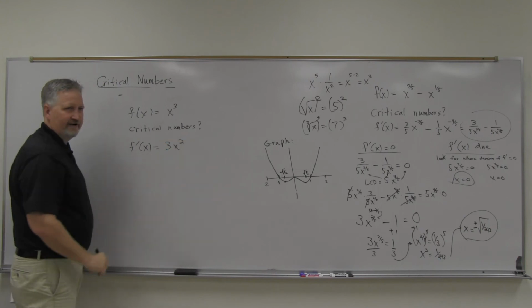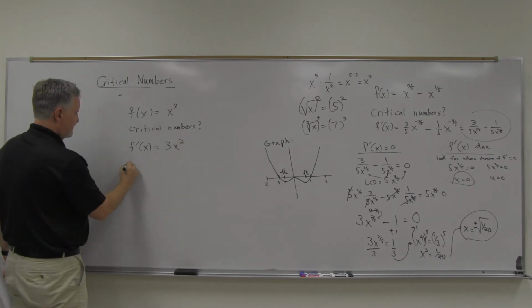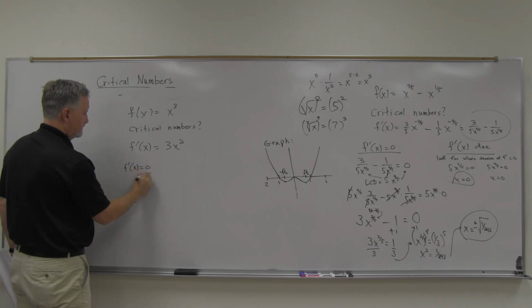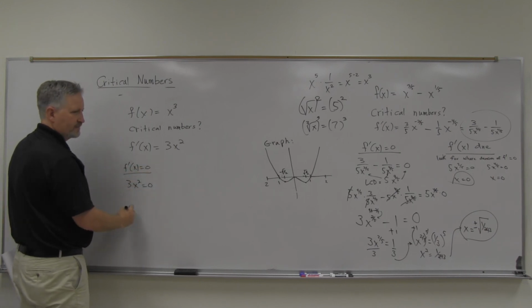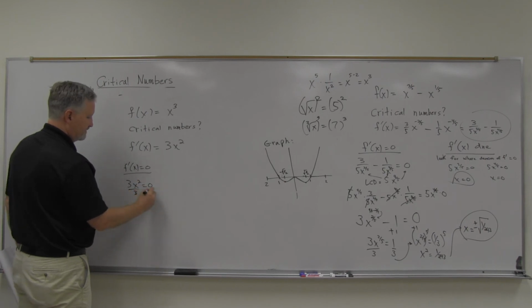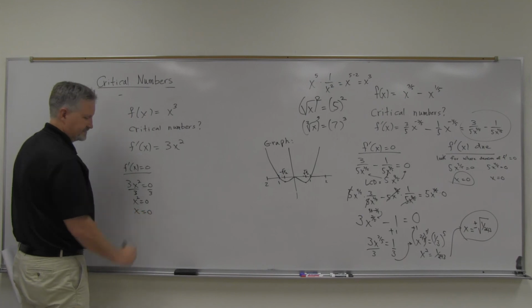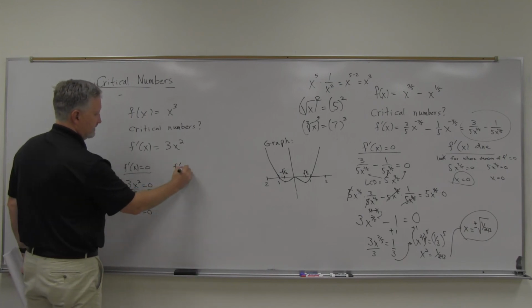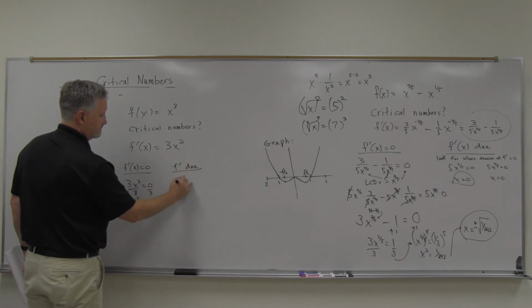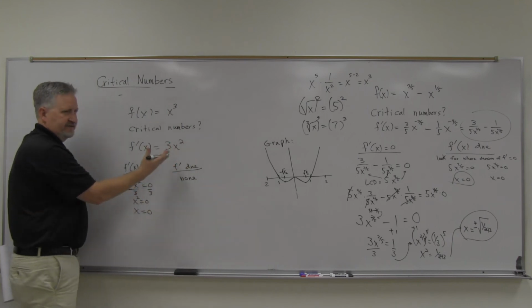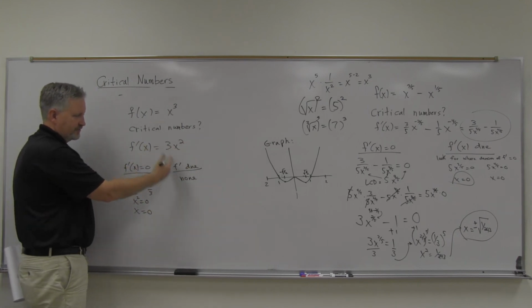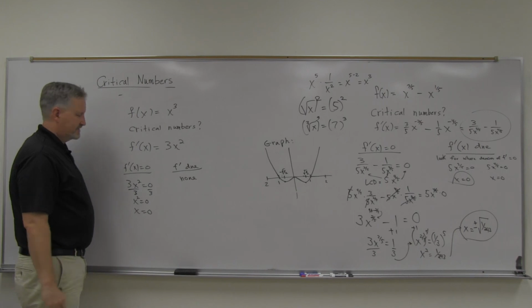Set the derivative equal to 0, or does not exist. The derivative is 3x squared. So my derivative equals 0 would be 3x squared equals 0. It's where x squared equals 0, that's x is 0. That one doesn't have any denominators or anything special going on, so there's no place where it does not exist.